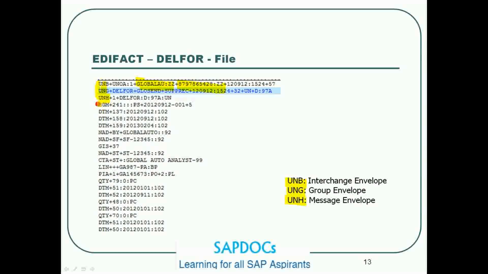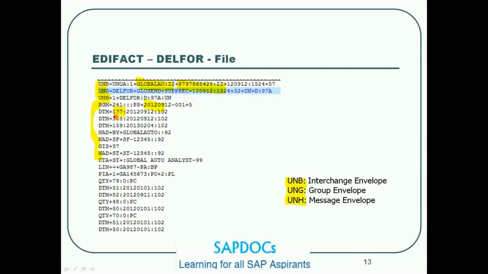Starting with BGM, which is the document beginning section, you can see that BGM till LIN is the document header, while you have the release number, you have the date time when it's created, and these qualifiers like 137, you can see this is the date.